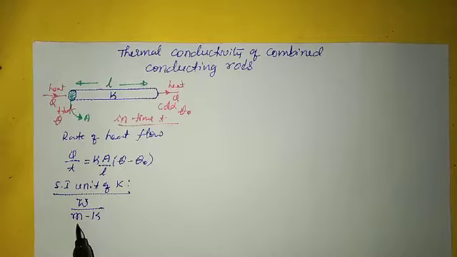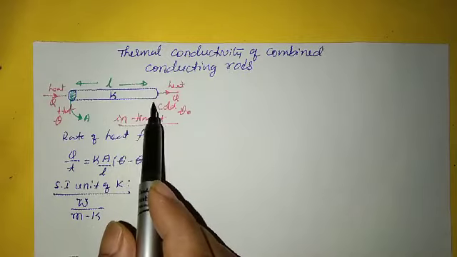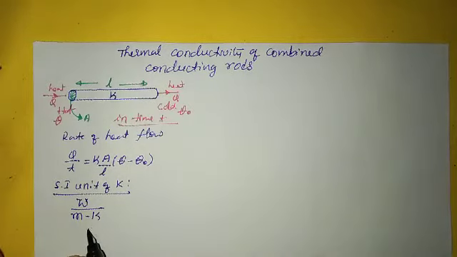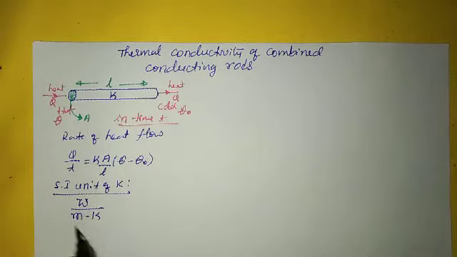So it is watt per meter per Kelvin. That means in 1 meter length, how much power will be carried per unit difference in temperature. This is how you have to understand the term thermal conductivity.